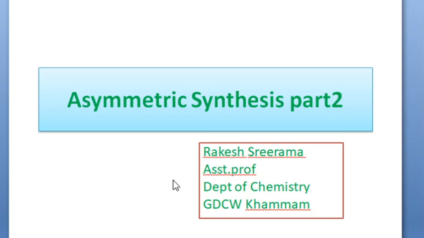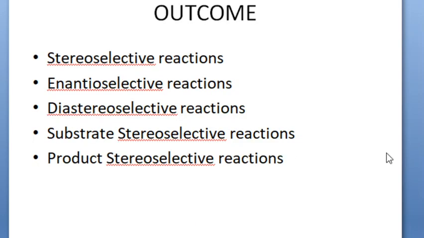Now in this part 2 of asymmetric synthesis, let us try to understand some more terms we make use of in asymmetric synthesis, which we study as stereoselective reactions.